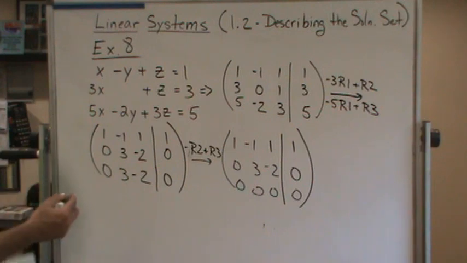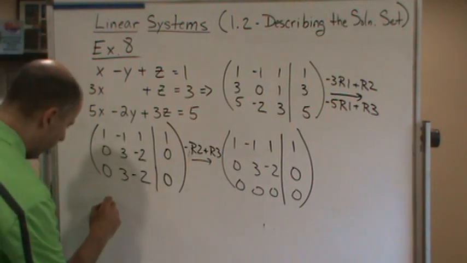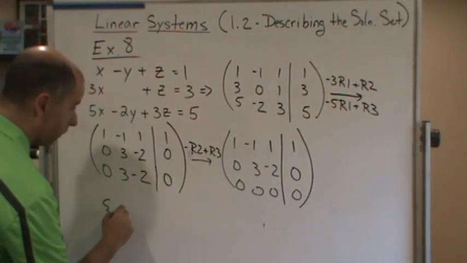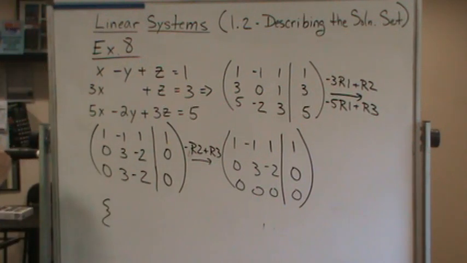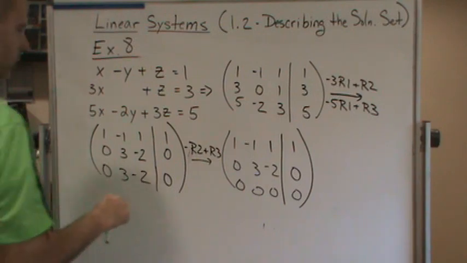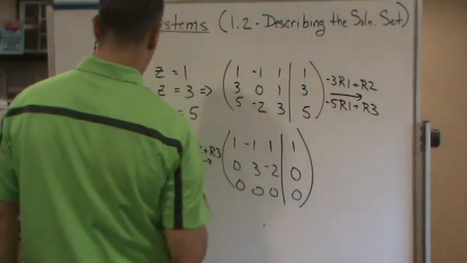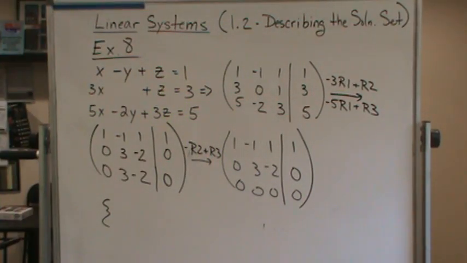So let's write it. Okay? So again, we'll write it as a set. So it's going to be what? It's going to be, so in this case here, Z is free. Okay?